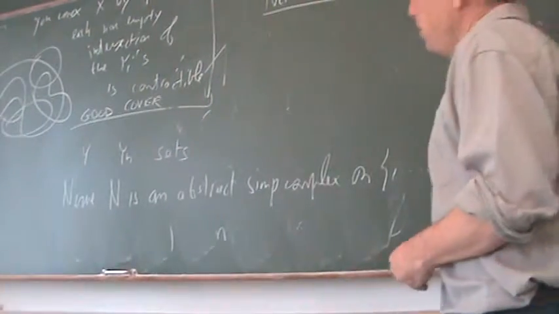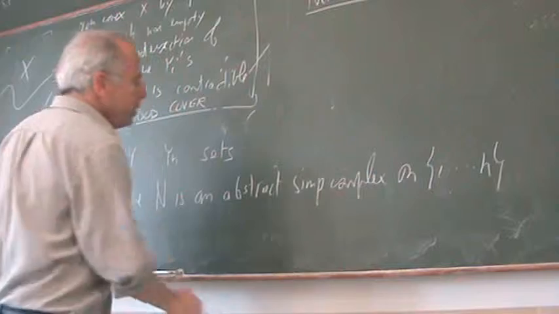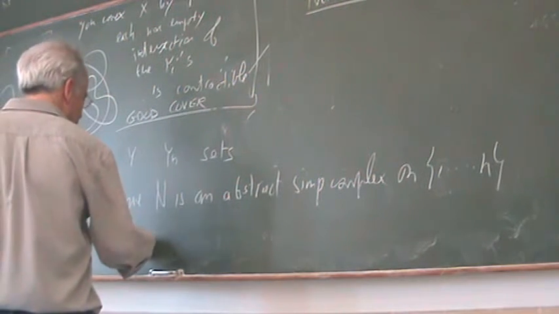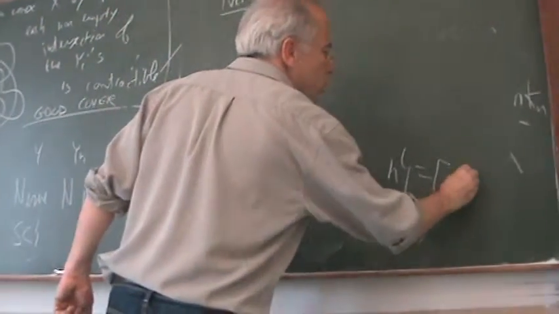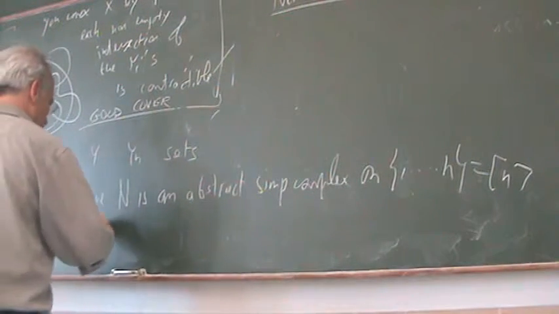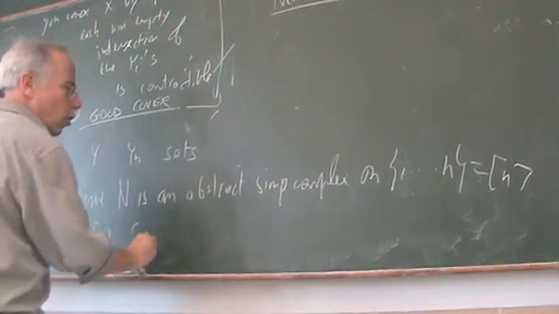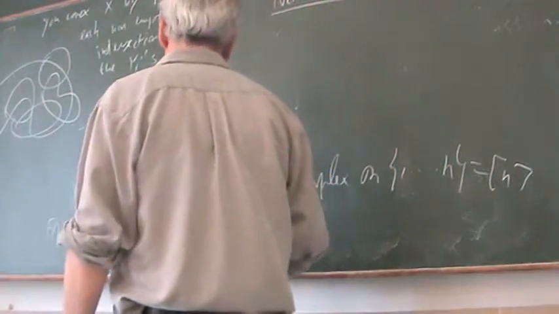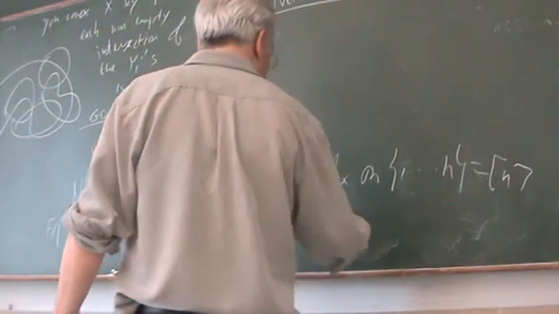So it's an abstract simplicial complex on the points 1 up to n, with the property that for S a subset of [n], S belongs to the complex, to the nerve, if and only if the intersection of Yi, i belonging to S, is non-empty.